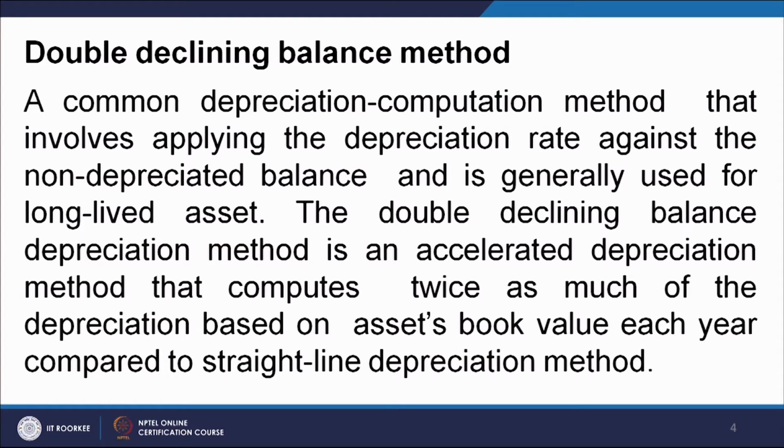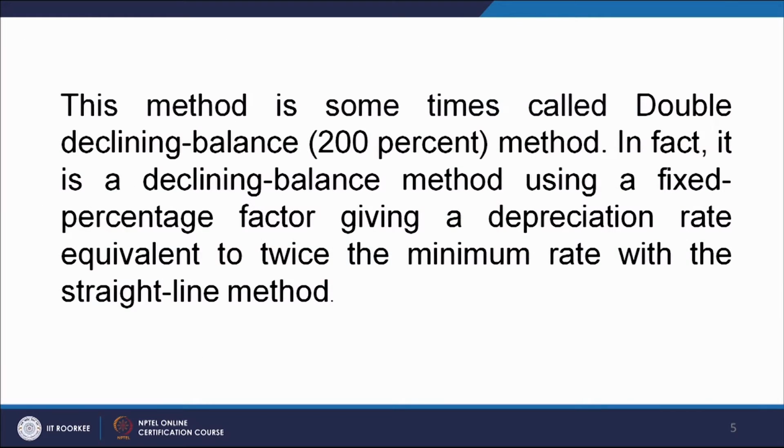The double declining balance depreciation method is an accelerated depreciation method that computes twice as much depreciation based on the asset's book value each year compared to the straight line depreciation method. This method is sometimes called the double declining balance or 200% method.